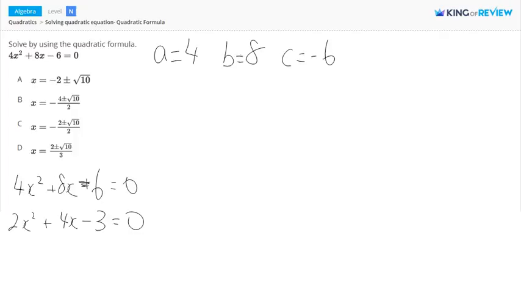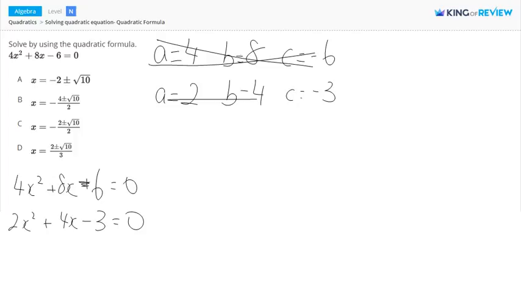And therefore, our a value, b value, and c value are not going to be the original values, but 2 and 4 and -3. Now these numbers are a little bit easier than these top numbers, don't you think?